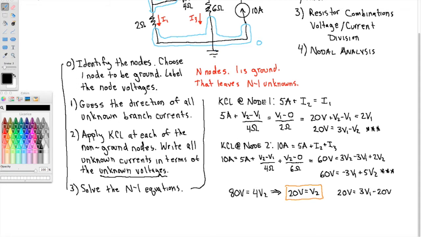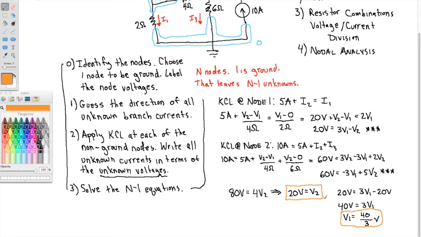Yes. So now I want to solve for V1, so I add 20 to the other side. So this is 40 volts equals 3 V1. And that implies that V1 is 40/3 volts. That's the end of step 3, solve the equations.